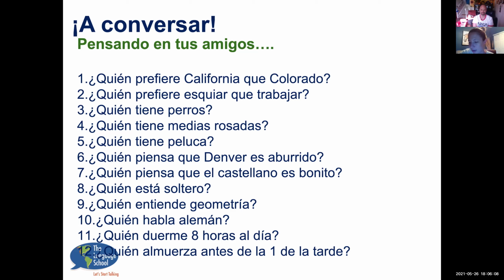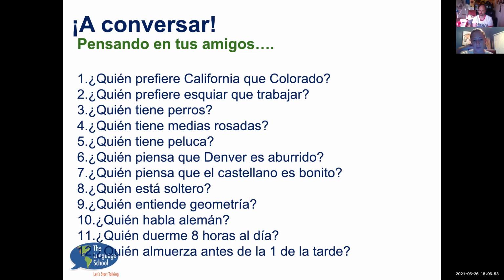Muchos amigos. Tyler está soltero. ¿Quién entiende geometría? Mi amigo Sid entiende geometría. ¿Quién habla alemán? Nadie habla alemán. ¿Quién duerme 8 horas al día?